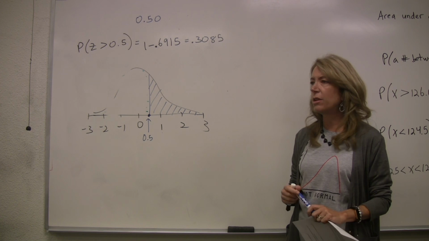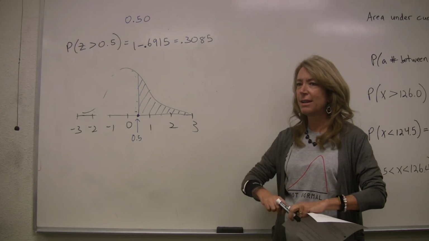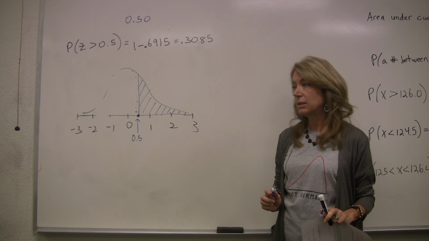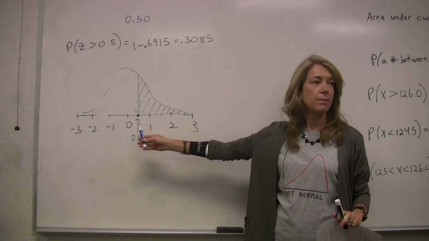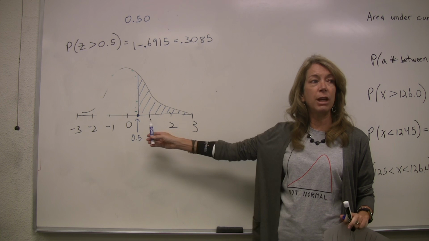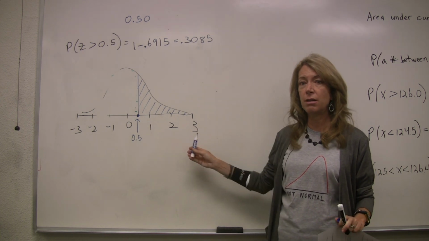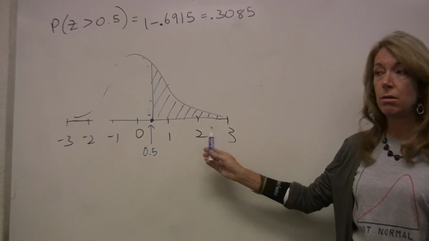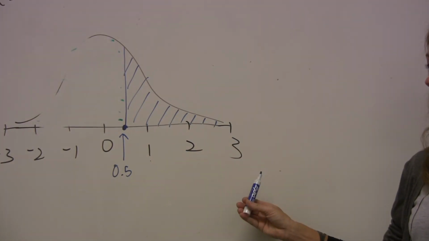What's the lower and the upper, or the left and the right? Well, for my shaded region, my blue region here, I want the number on the left and the number on the right. Or the lower number and the upper number.